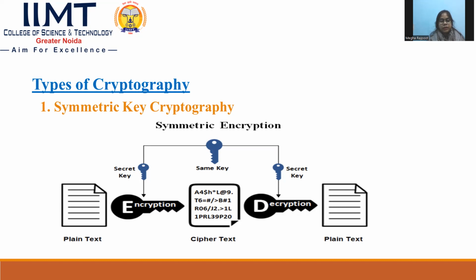When the plain text is encrypted to ciphertext, it uses a key that is called the secret key. And when the ciphertext is converted back into plain text, it also uses the same secret key to decrypt our message. So in symmetric key cryptography, we use only one key, the secret key, for both encryption and decryption.